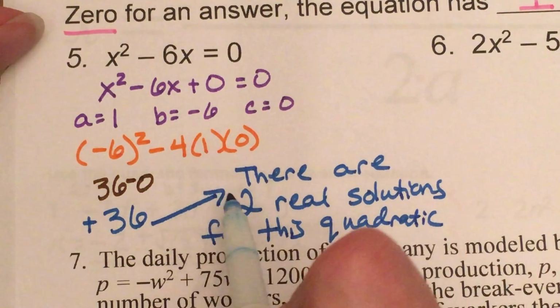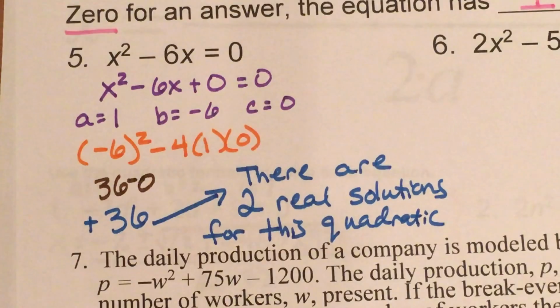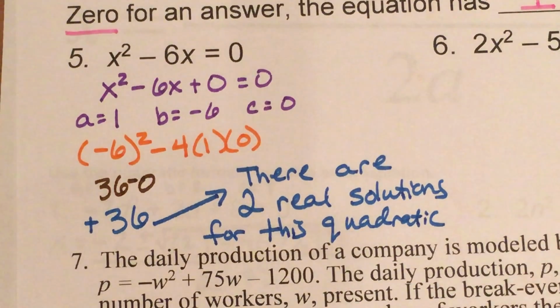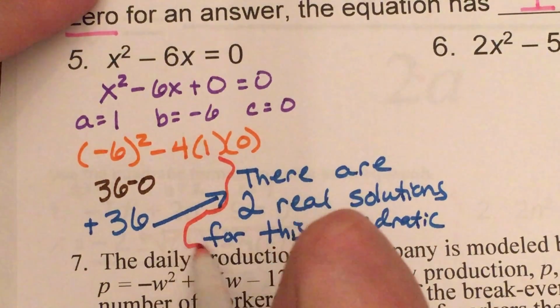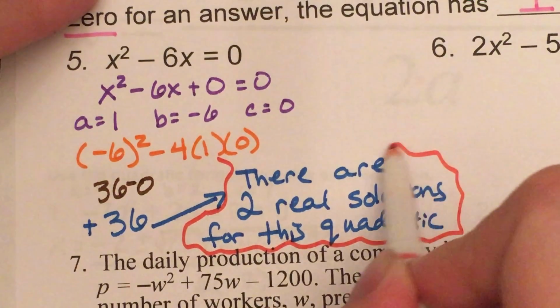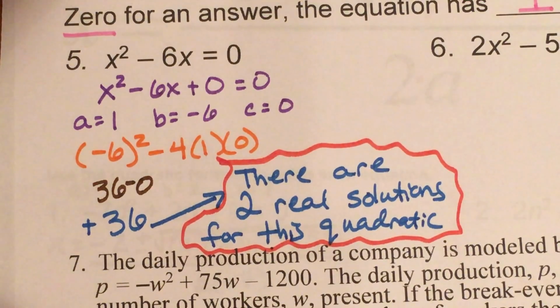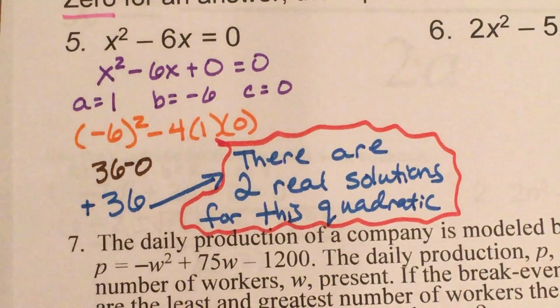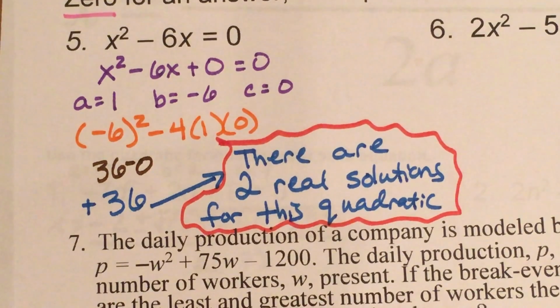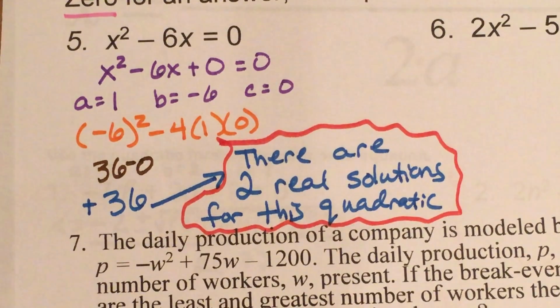There it is. This is your answer. That is what we have been after. That wasn't bad. That was pretty easy. You can do that. Let's go check out number 7.